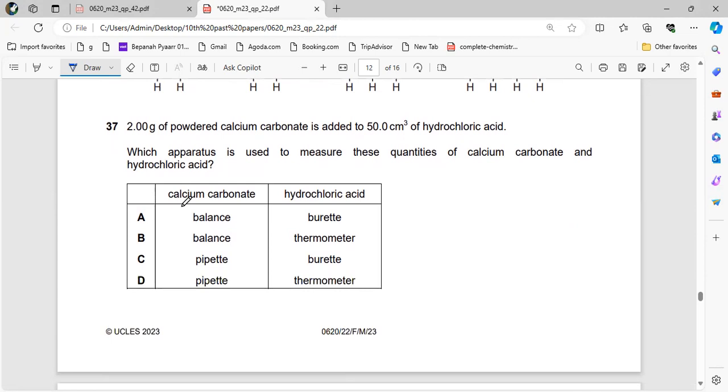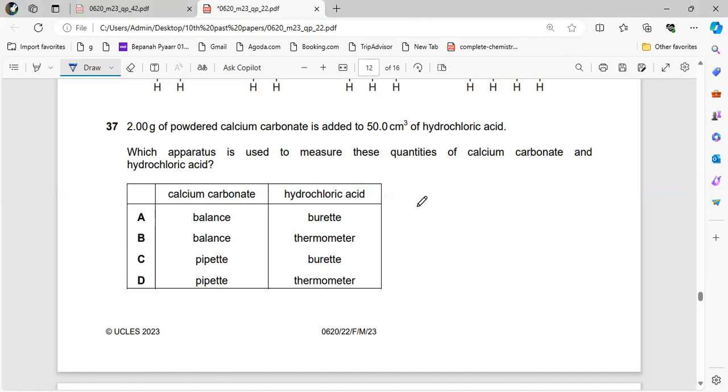2 grams of powdered calcium carbonate is added to 50 centimeter cube of HCl. Which apparatus is used to measure these quantities of calcium carbonate and hydrochloric acid? Now, definitely we have to weigh something, so we need a balance. A pipette is of no use because it is a powdered form. So option A and B have balance.